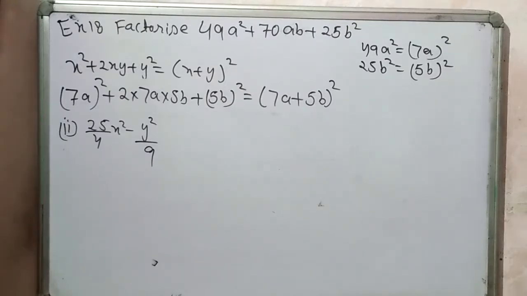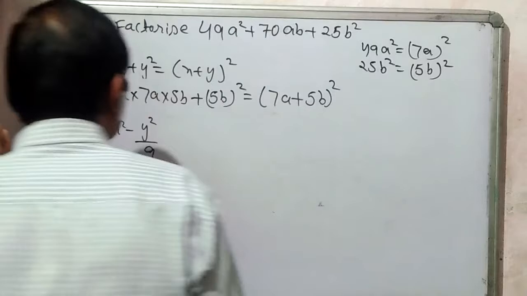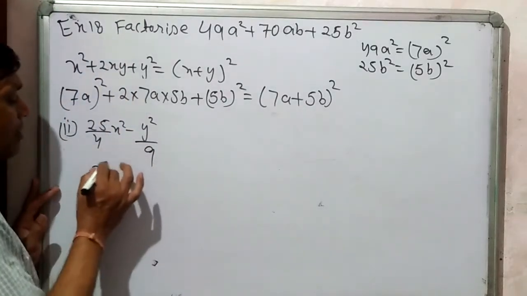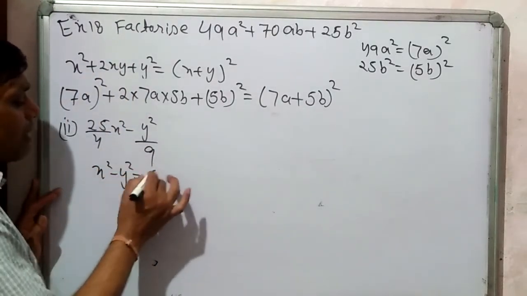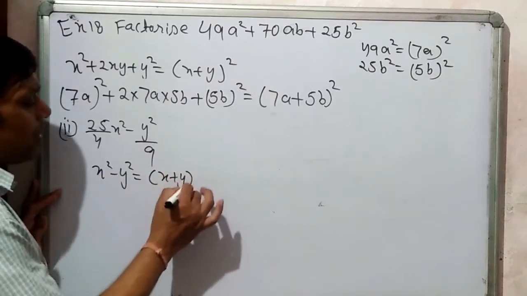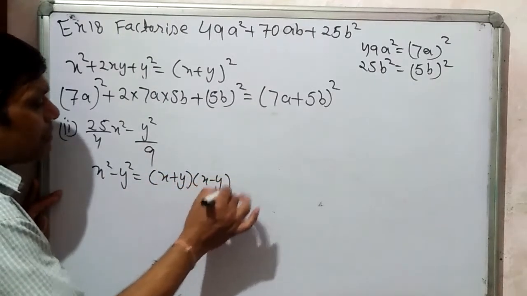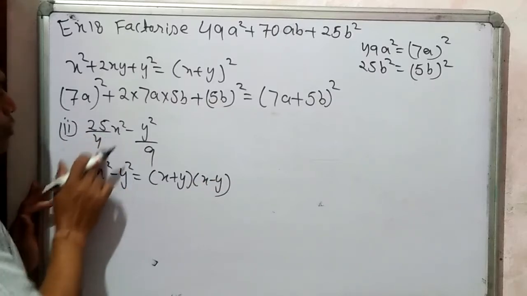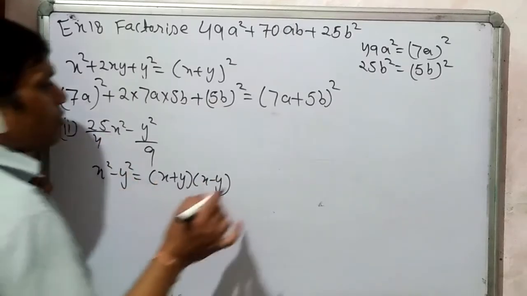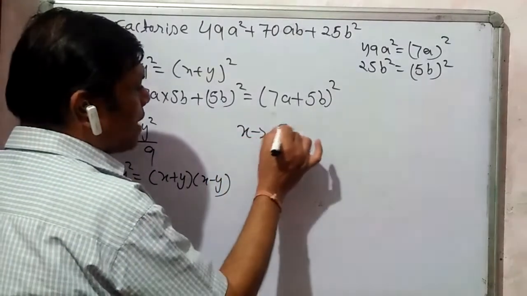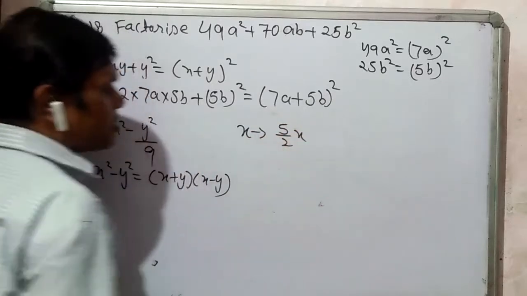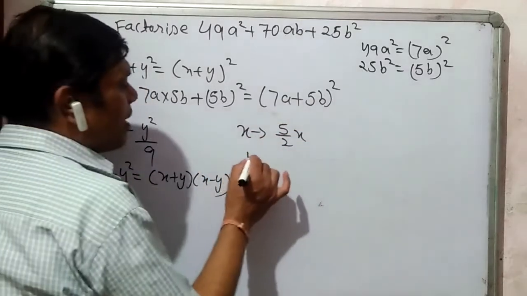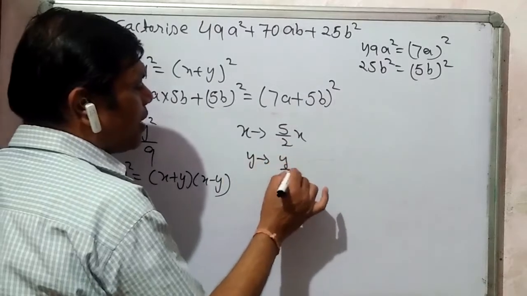And when there is a difference of two perfect squares, we use the third identity. Let us identify what the identity was. X square minus y square was (x plus y) multiplied with (x minus y). Now what is representing x square? 25 upon 4 x square. So what should be x? X should be 5 upon 2 x. What should be y? Y should be y upon 3.